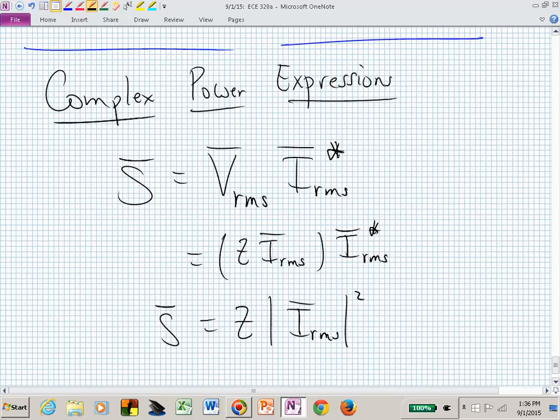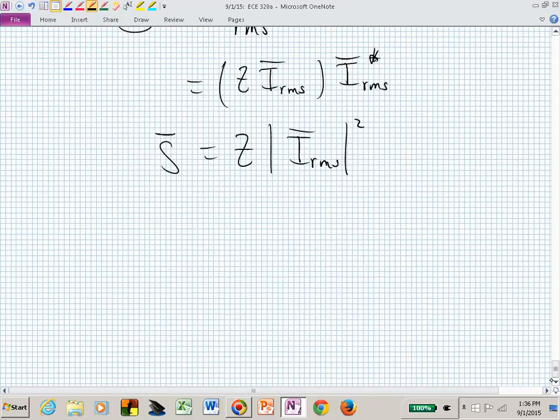You can just take its magnitude, square it, and multiply it by that impedance, and that will give you the complex power of that impedance. Now you could expand that impedance into its component parts, R plus jX.